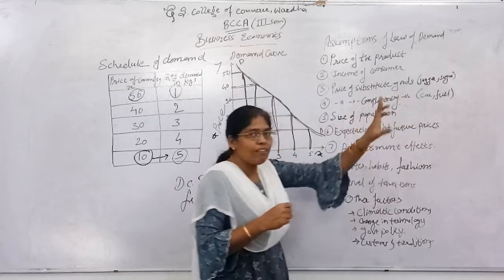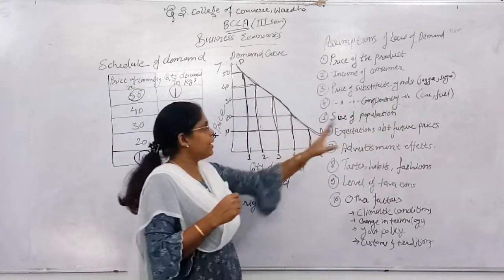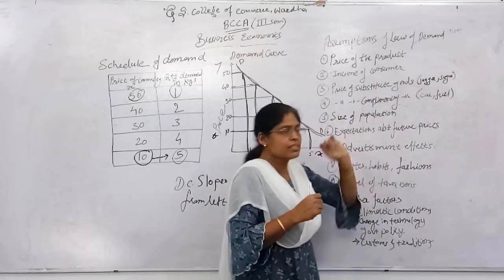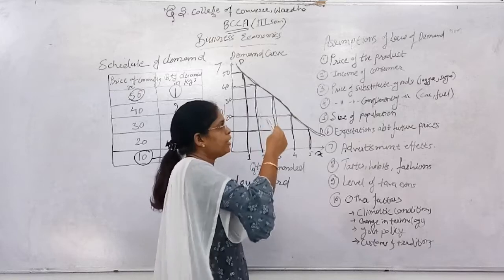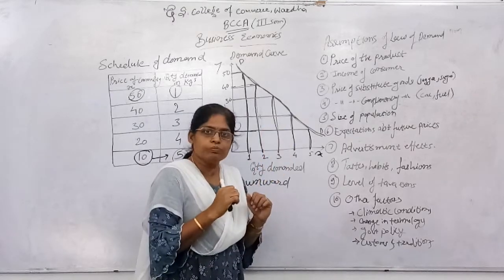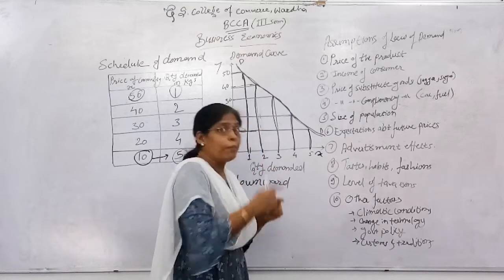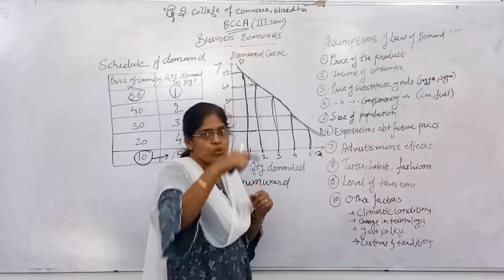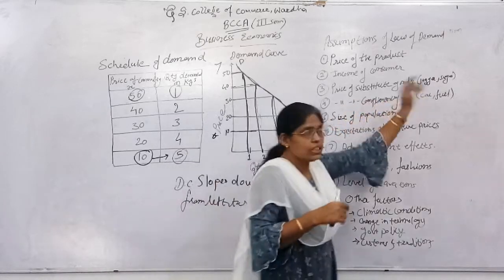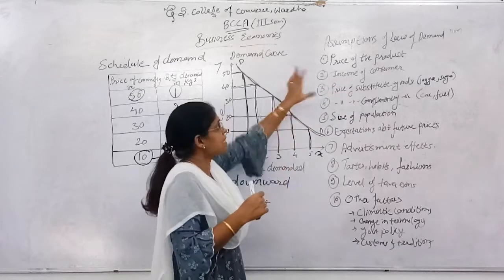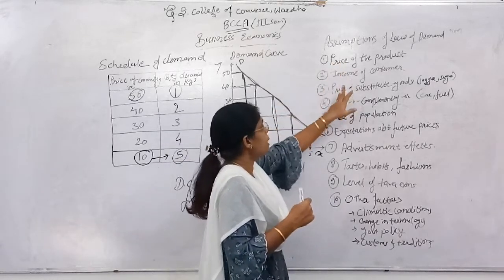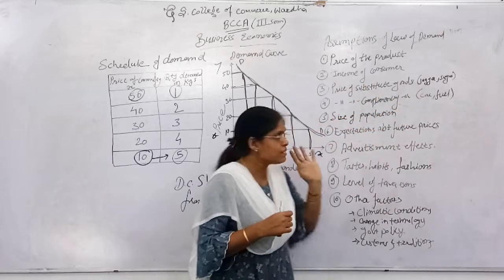So the consumer will always compare the prices of these two substitutes. If the sugar rate is high as compared to jaggery, he will purchase jaggery. But if the jaggery rates are high and sugar rates are low, he will buy sugar. This is how the law of demand works, and that is why the price of substitute goods is among the assumptions.